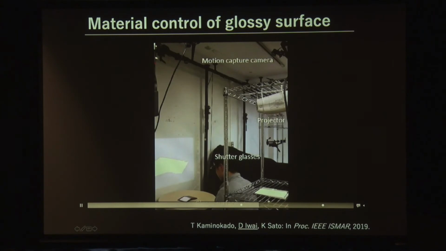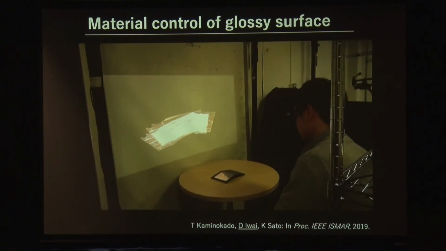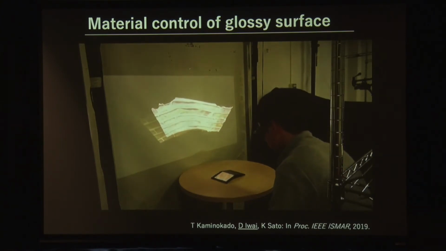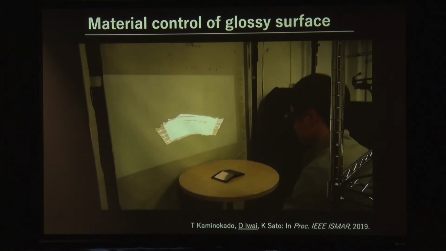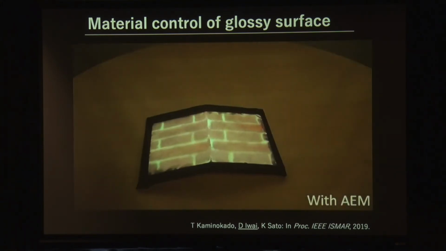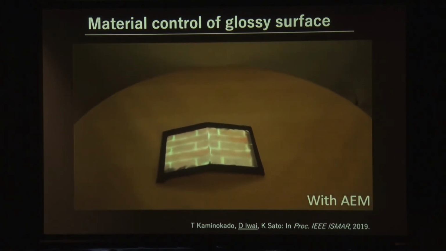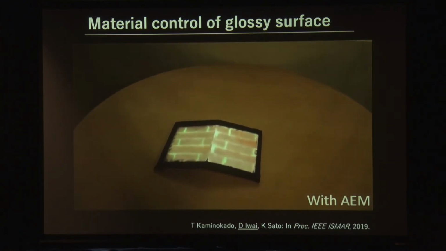We use a stereo projection system that provides disparity images to the left and right eyes and track the viewpoint. Then we compute the environment appearance such that the mirror reflection of the environment is close to the target appearance.